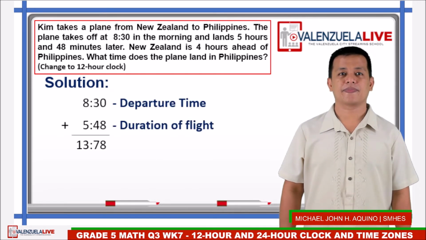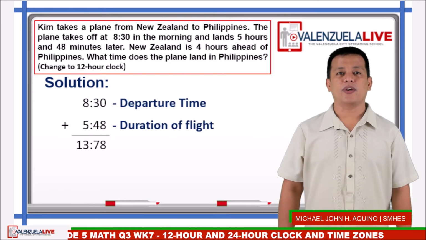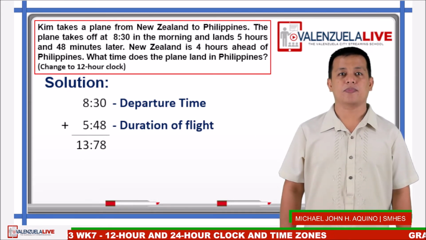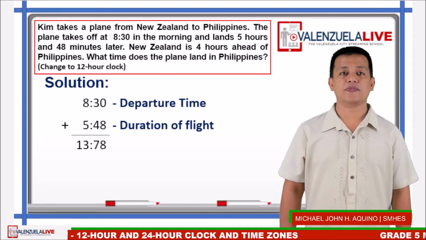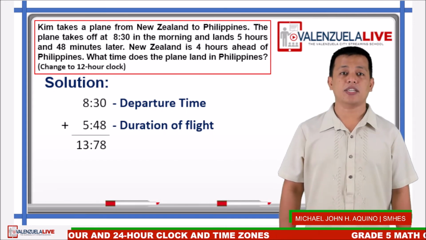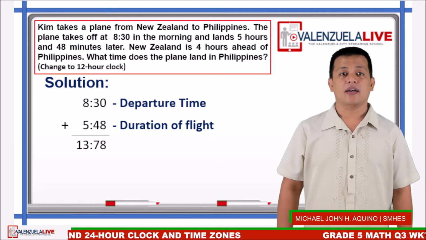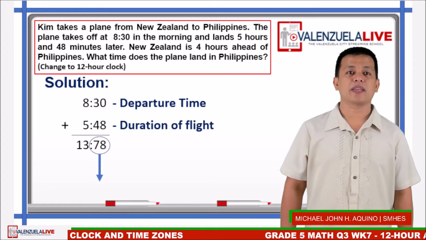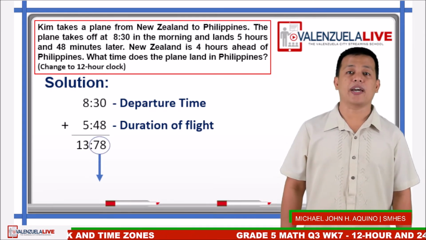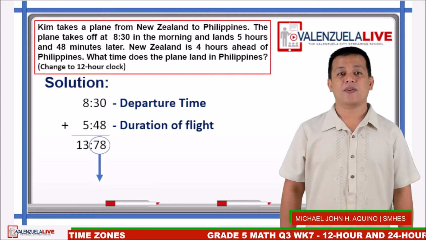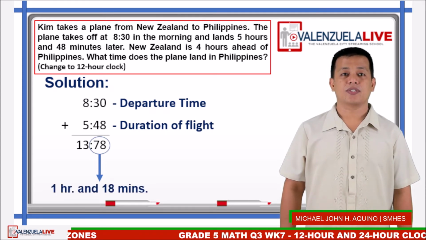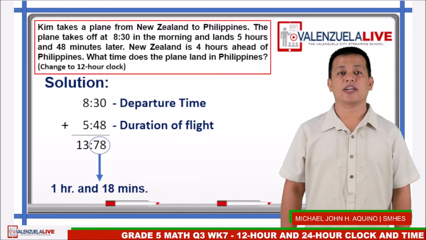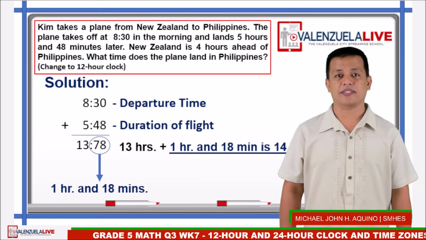Solution. To solve, we need to add the departure time to the duration time. So 8:30 plus 5:48 is equal to 13 hours and 78 minutes. As you can see, 78 minutes is more than 1 hour. So 1 hour and 18 minutes is the equivalent of 78 minutes.